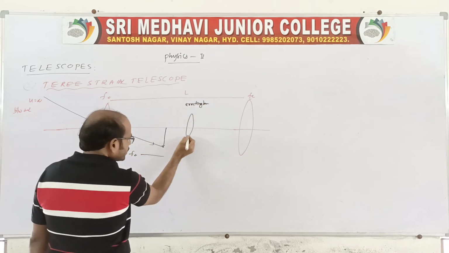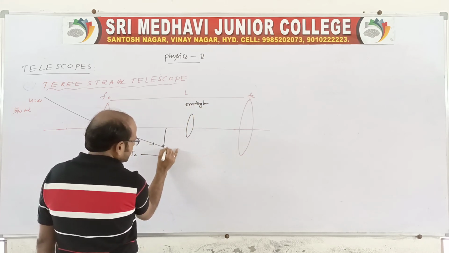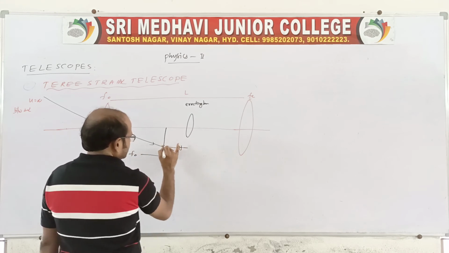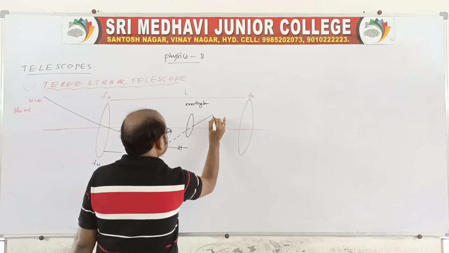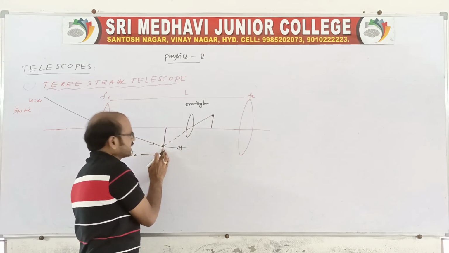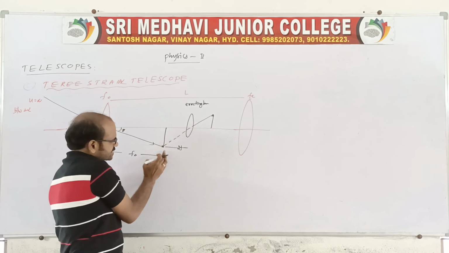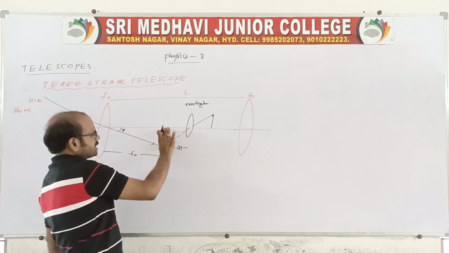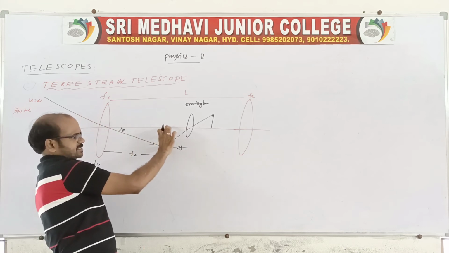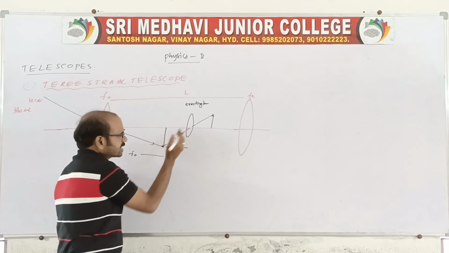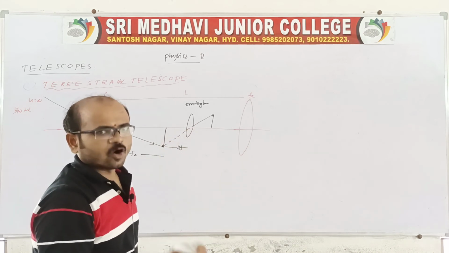For this lens, the image is at a distance of 2f. Therefore it forms an image again at a distance of 2f, because the object is at a position of 2f. This is the objective lens, and the image formed by the objective lens is this. It is an image, but for this erecting lens it acts like an object.